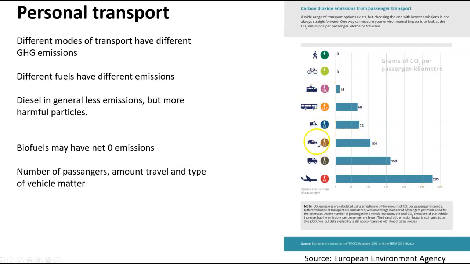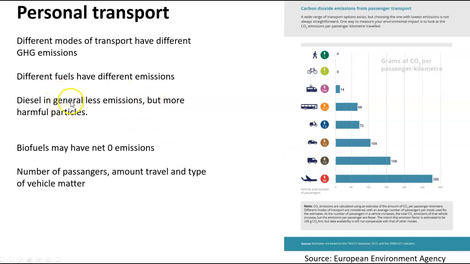If we look at a car, the average is that 1.5 people sit in a car whenever it's driven. A small car produces about 0.1 kilos of carbon dioxide per kilometer traveled and per passenger. Whereas walking is much less, trams and buses much less. Trains and trams are actually the best. Of course, it matters how many people you put in there. So if you put more people in your car, then of course this number is going to change.